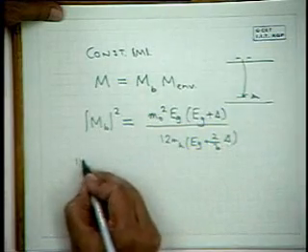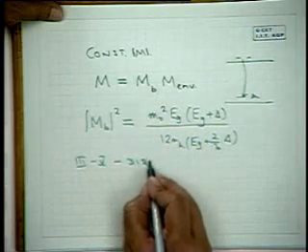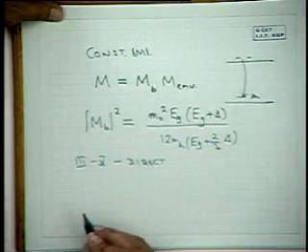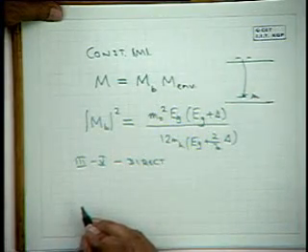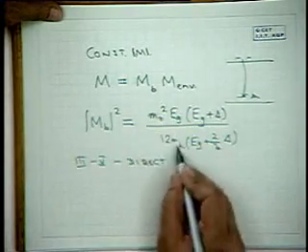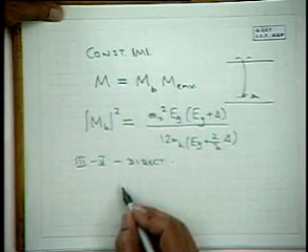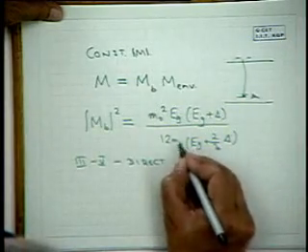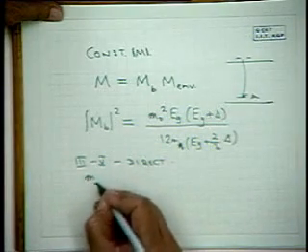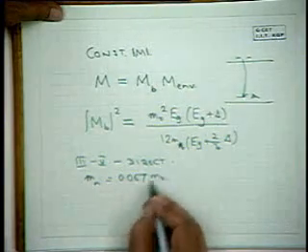This is for III-V compounds, for direct gap, where M0 is the free electron mass. Sorry, this is Mn. So Mn is 0.067 M0, free electron mass, in gallium arsenide.